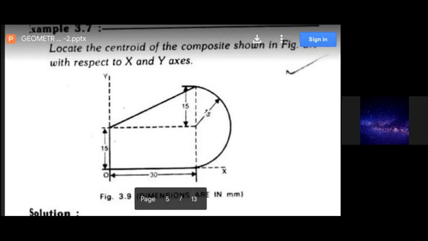For the semicircle, x bar is equal to 30 plus 4r by 3 pi, and y bar is equal to d by 2, that is 15. For the rectangle, the area is 15 times 30, and x bar is equal to 30 by 2, that is 15, and y bar is equal to 15 by 2, 7.5.